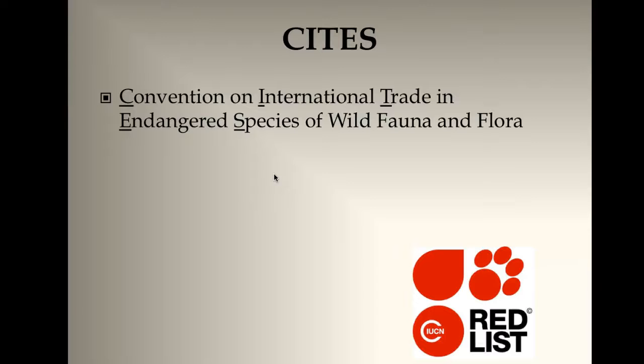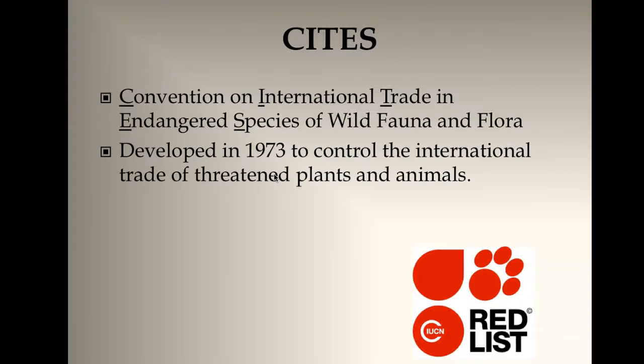CITES is an international trade agreement, and basically, not agreement, excuse me, but a trade policy that protects endangered species. And that policy was designed by a group of over 100 international nations, and they created something called a red list.